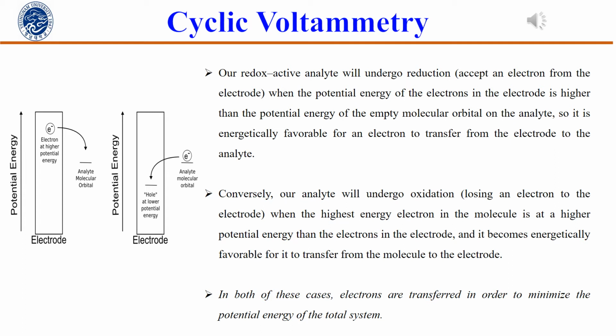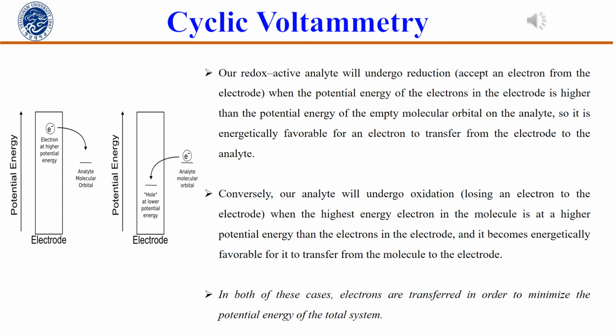So it is energetically favorable for an electron to transfer from the electrode to the analyte. Because of the high energy of the electron in the electrode, the electron can transfer from electrode to analyte. This is reduction of the analyte.